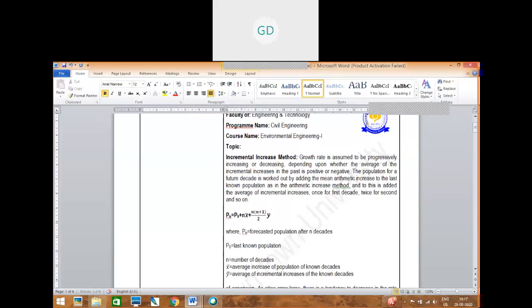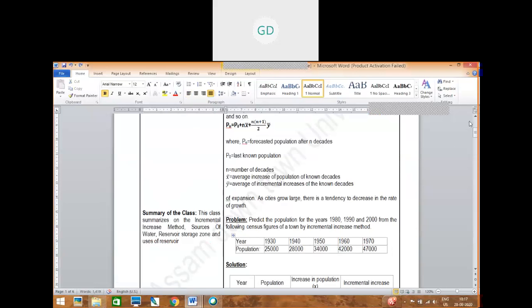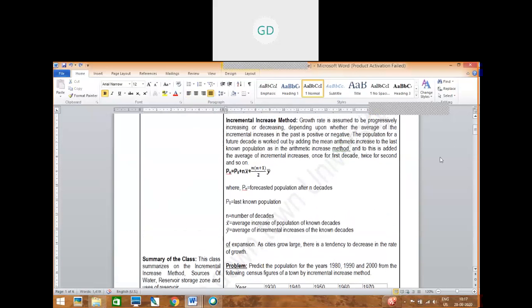Definition you write later from your ERP. For now you write down the formula: Pn equal to P naught plus N x bar plus N into N plus 1 divided by 2 into Y bar. Write down up to here.